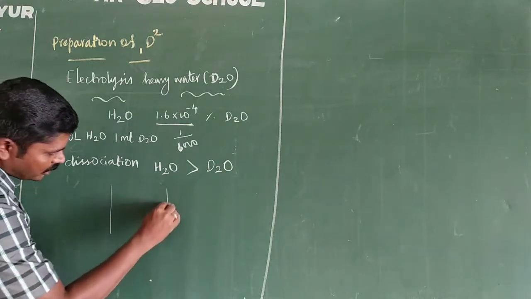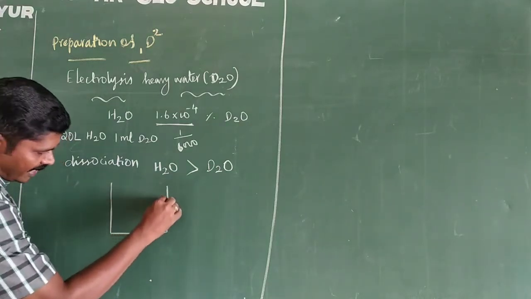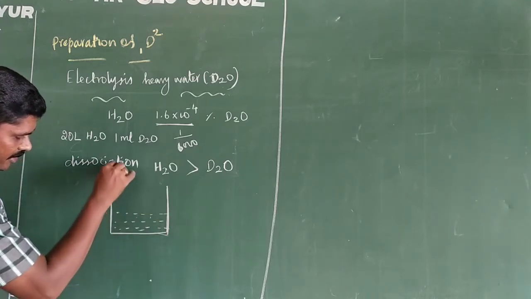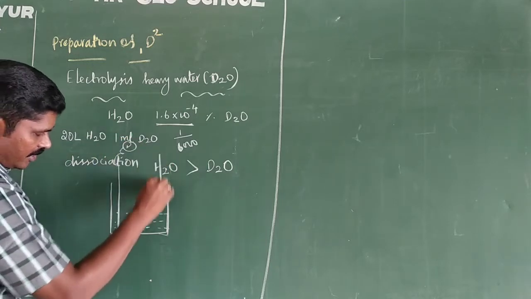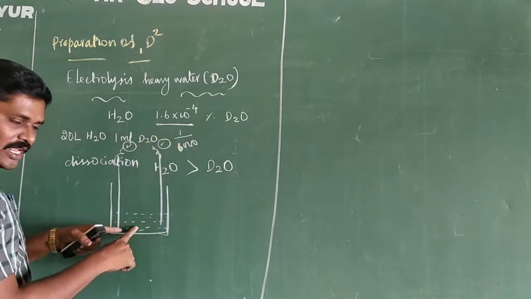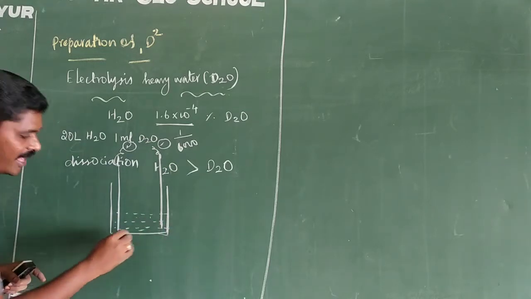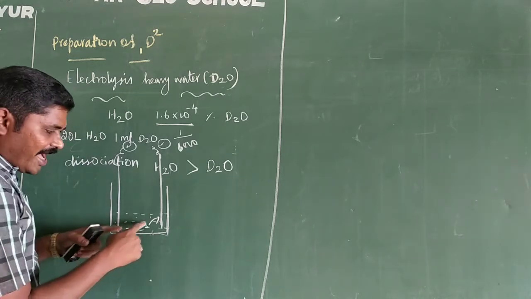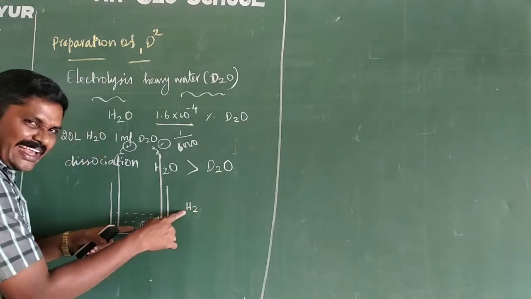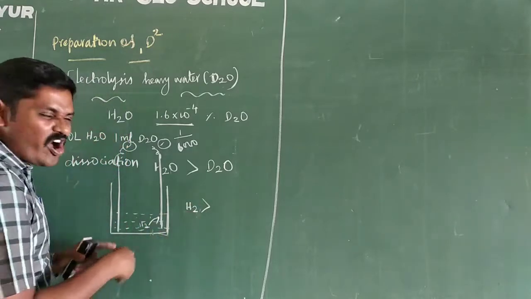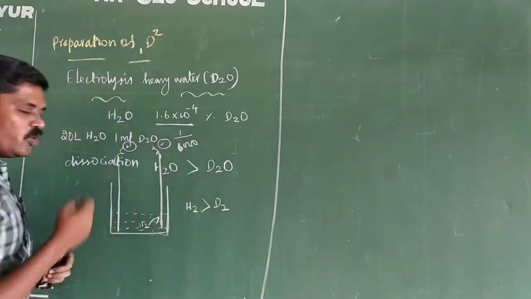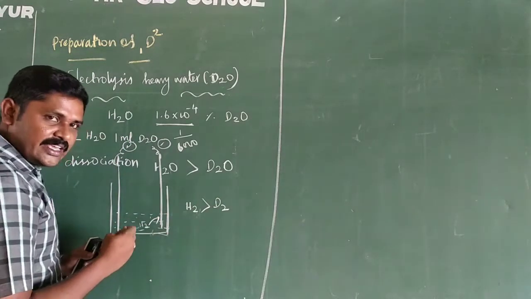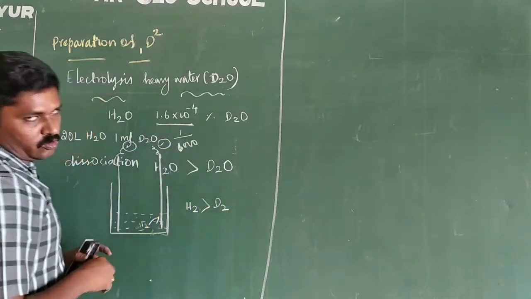When normal water is electrolysed, the liberation of hydrogen is much faster than D2.